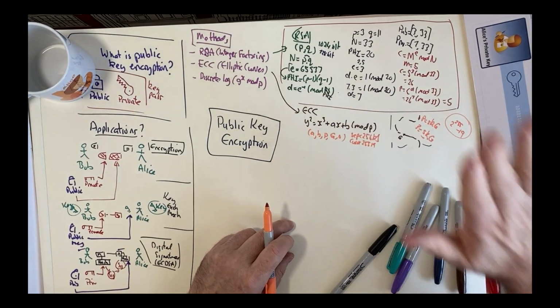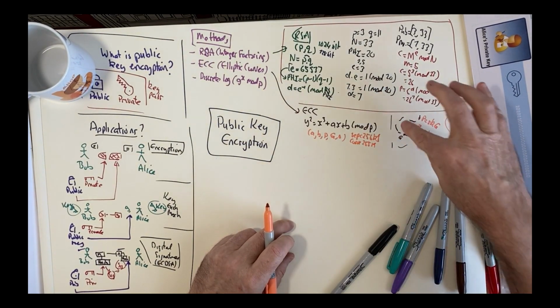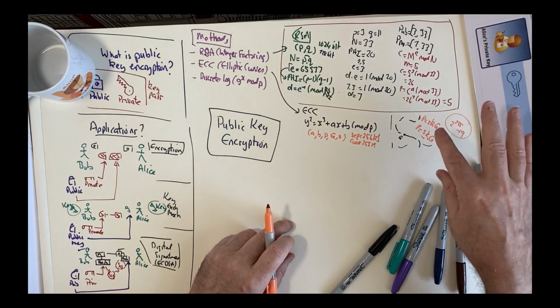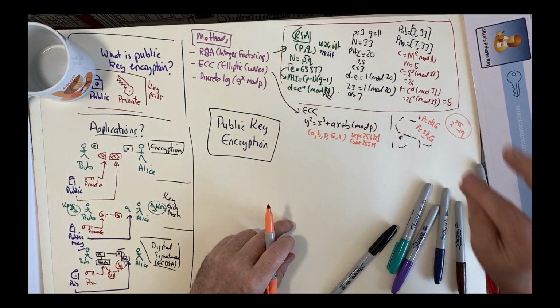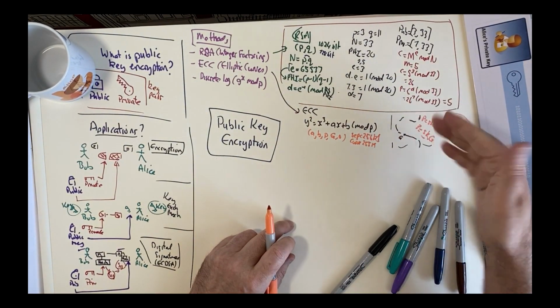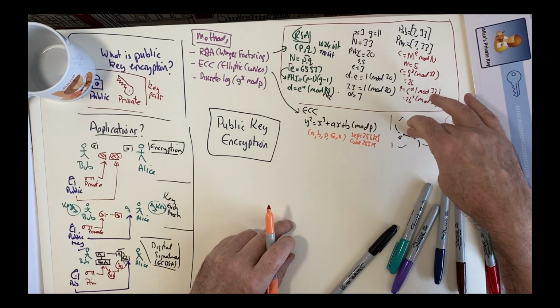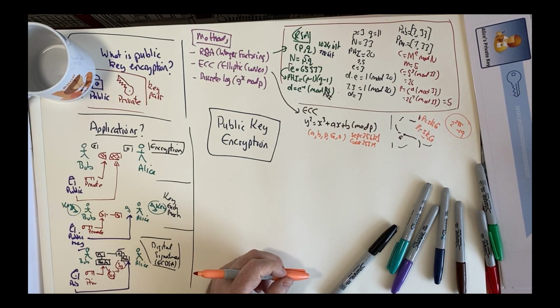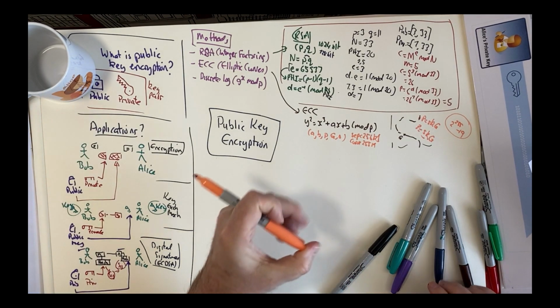When we add the mod P, we end up with lots of dots. But the one thing about an elliptic curve is that if you add one point to the other, you will always get another point on the elliptic curve. It shouldn't be possible for you to get a point which is off the curve. And in this way, we can actually implement our public key encryption. So this is a very popular technique.